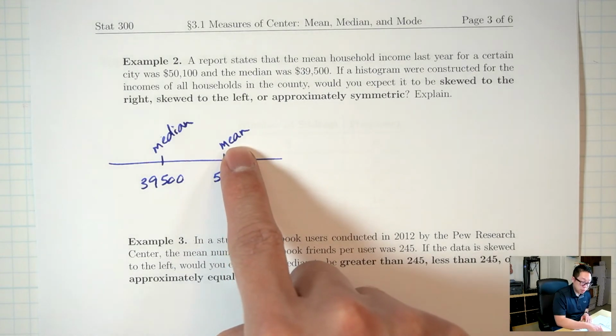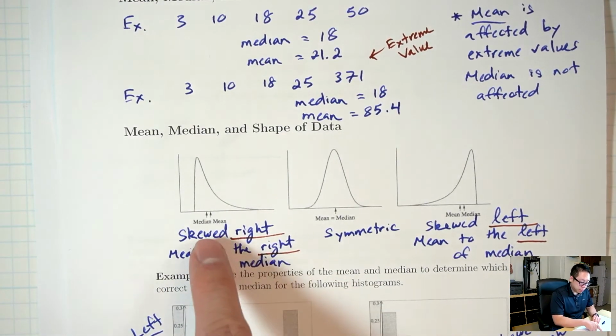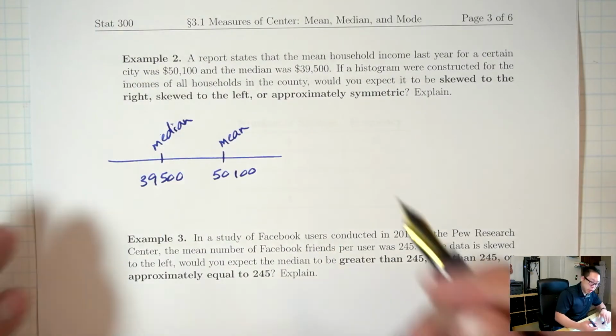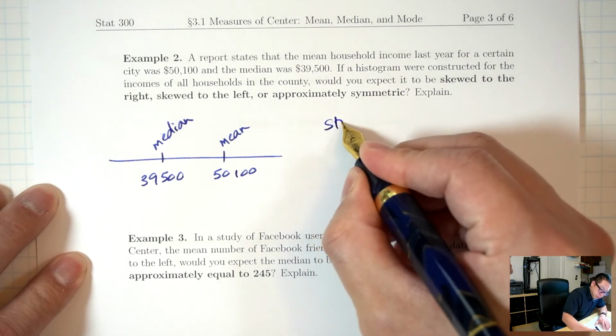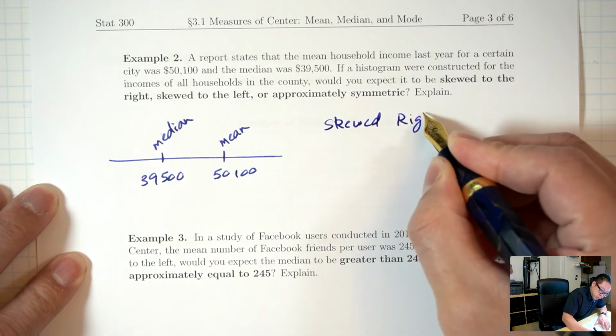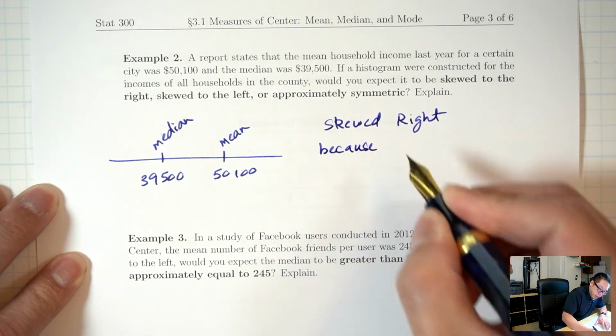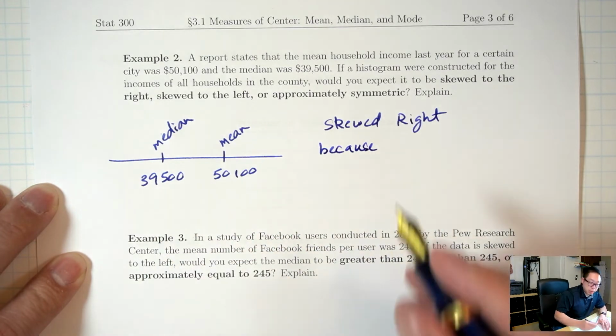The mean is to the right of the median, which means this is going to be skewed to the right. And that's because the mean is to the right of the median.